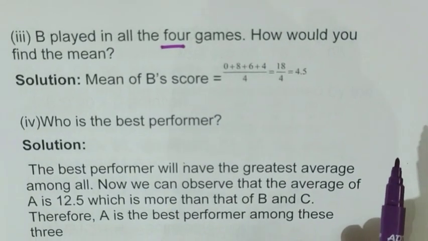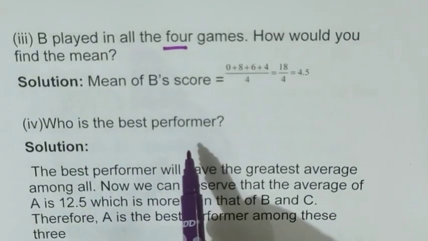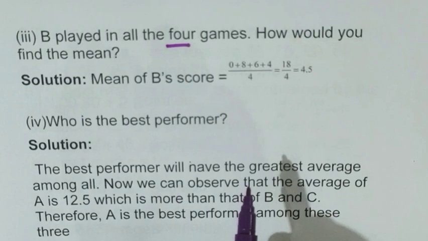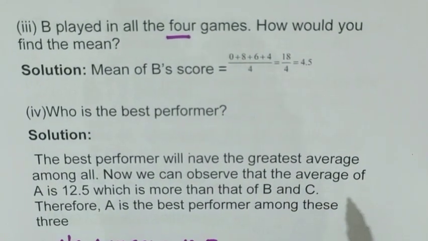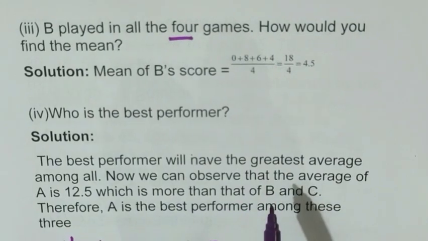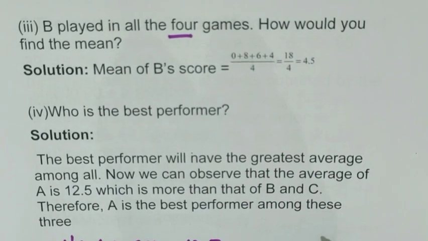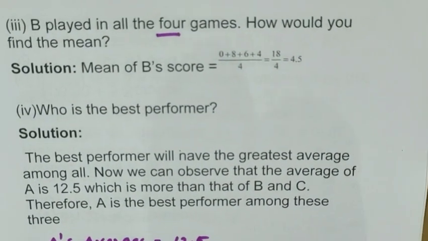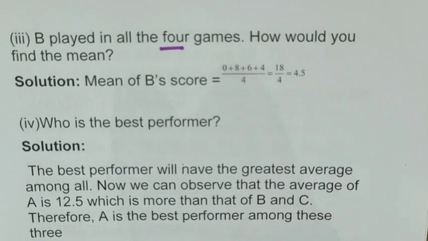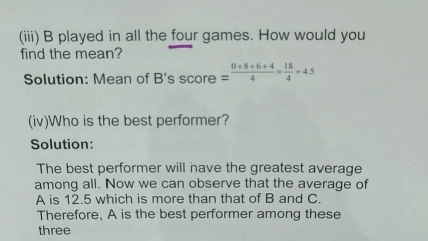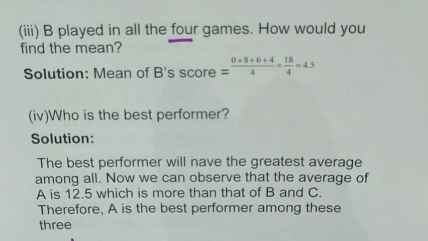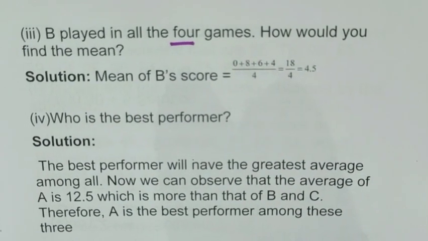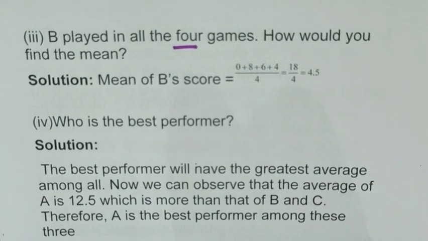Now the last question from this group. Who is the best performer? Now here we have to compare the performance of A and B with C also. But C played only 3 games, and since it is a group comparison, because all the players are being compared here, C's average should be taken based on 4 only, not 3. In question 2 we divided only by 3 because it was individual performance.